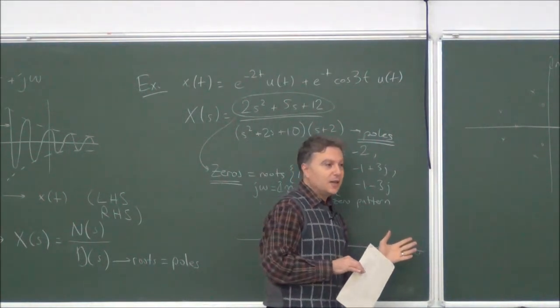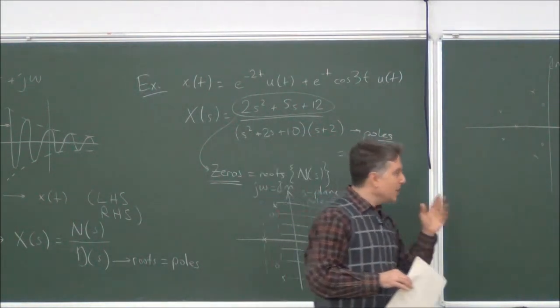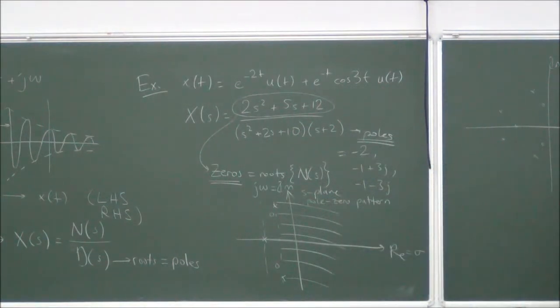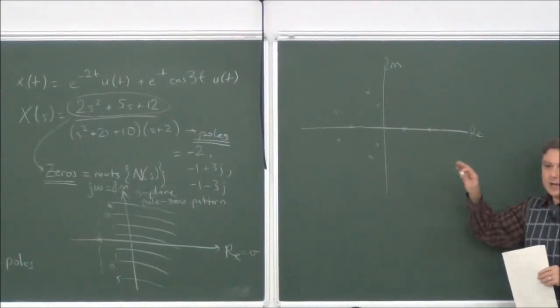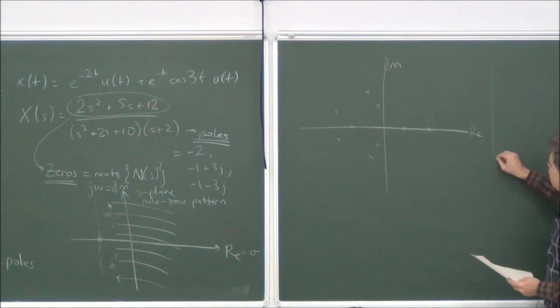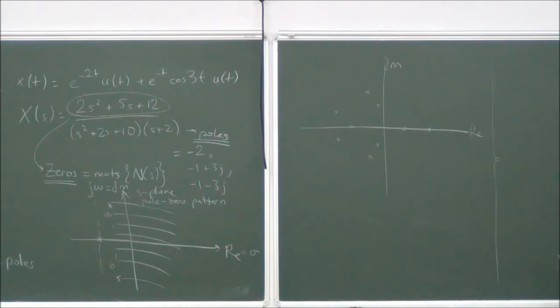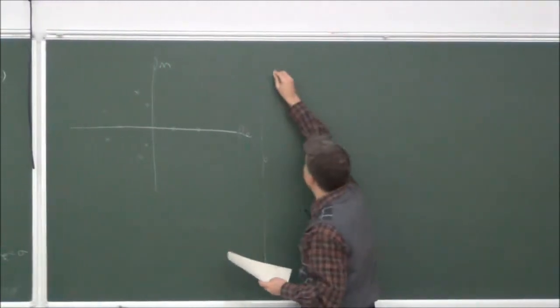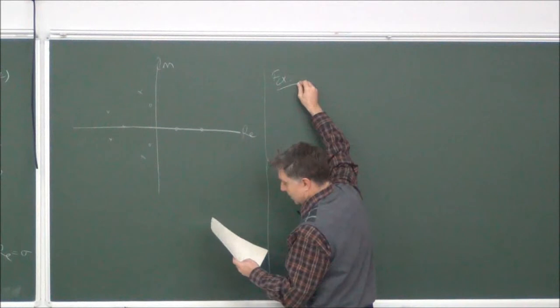Everything changes if the region of convergence changes. You have to be very careful about that, and in order to be careful, you have to find the zeros as well. Please do that. And there may even be multiple poles or multiple zeros at a single point. The next example is with respect to that.